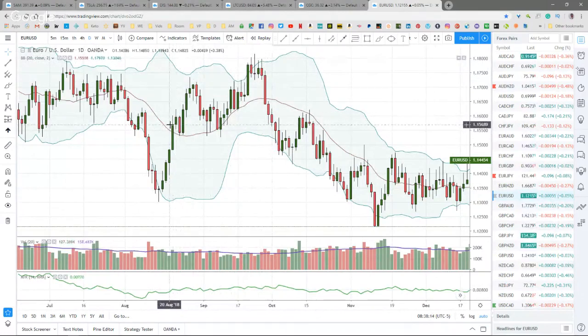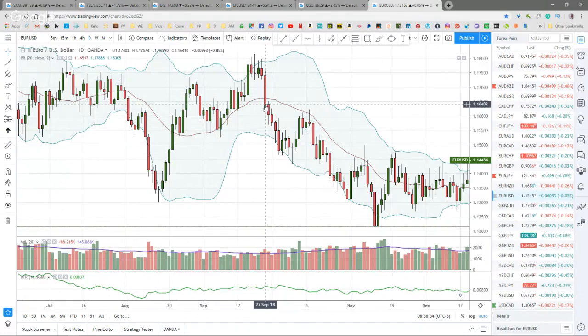So we can see that if we followed the rules of this strategy, our stop would be down here. We would have been in this trade all the way up to here and all the way back down to here, and this would be our exit, according to the rules laid down in the strategy.